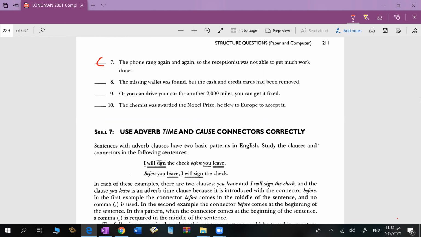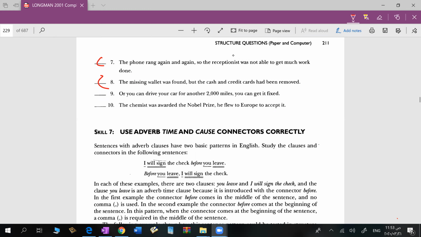The missing wallet was found, but the cash and the credit cards had been removed. Correct. This is Ahmed Hassan. Karim Hassan. Yes, thank you very much, Karim. I want more participants to participate and let me hear your voice.